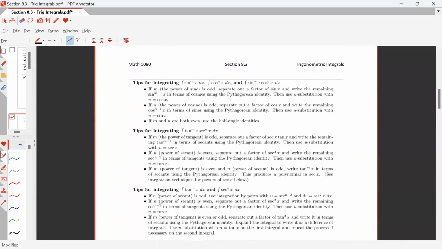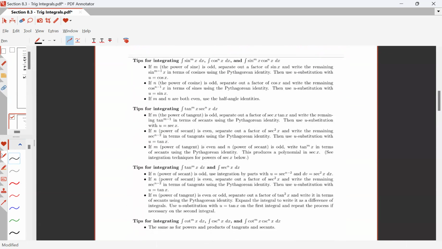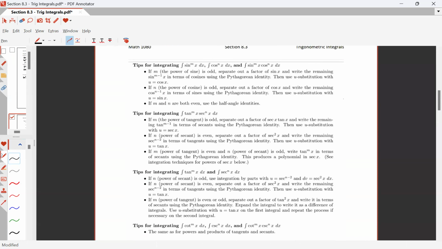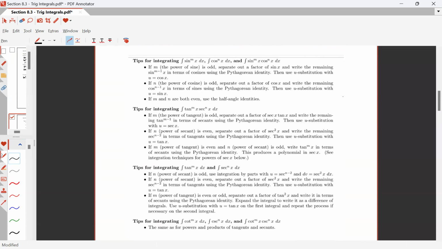In section 8.3, we're going to learn how to integrate a bunch of different forms. So in the notes section, we have a nice tips for integrating document that will be useful in getting started on these integrals.